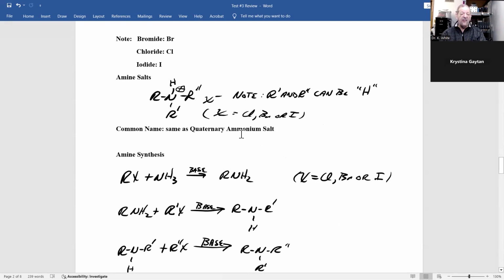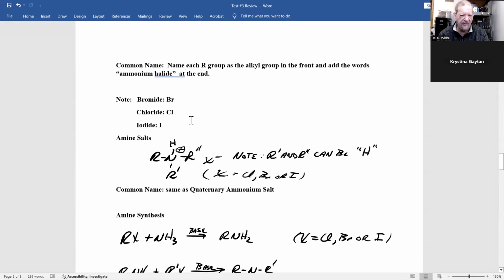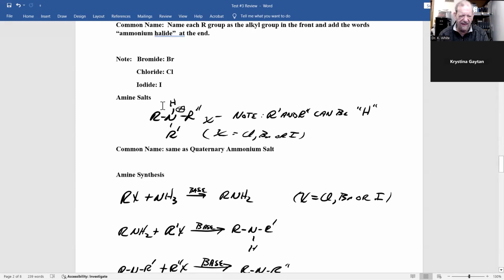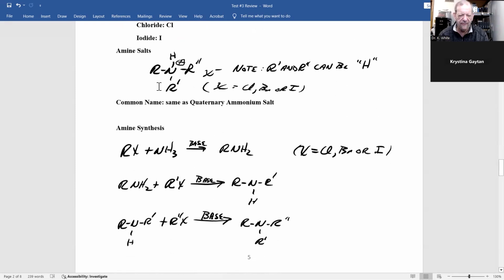And you name it the same way as a quaternary ammonium salt. Name the R groups in front. Then put the words ammonium halide, just like up here, where bromine is bromide, chlorine, chloride, iodine, iodide.